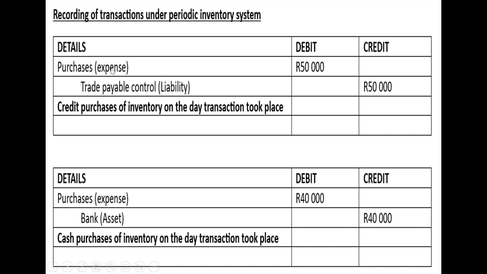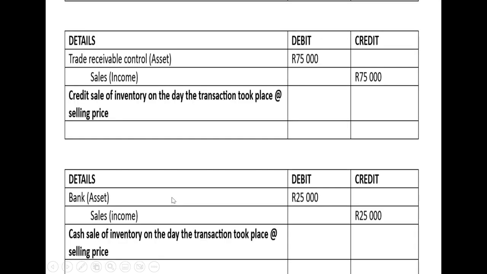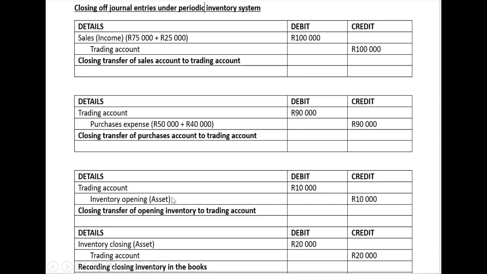Initially we debited the purchases expenses. So to zero out the purchases expenses, we need to credit the purchases expenses by how much? By 90,000, because it was 50 plus 40. So we credit the purchases expenses by 90,000, and we debit our trading account, because that's where we are closing off to.